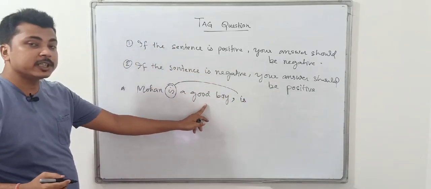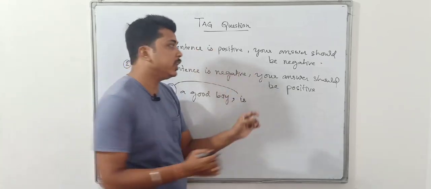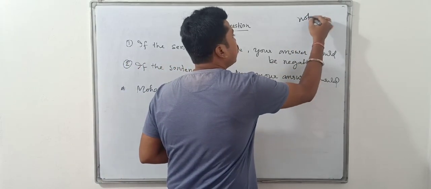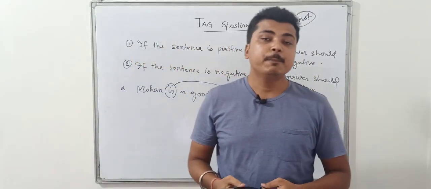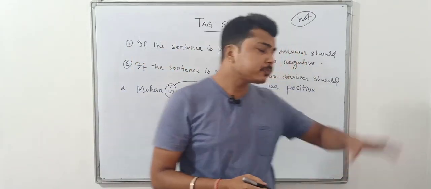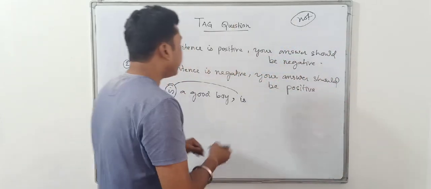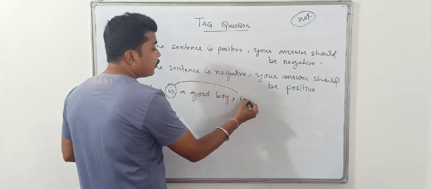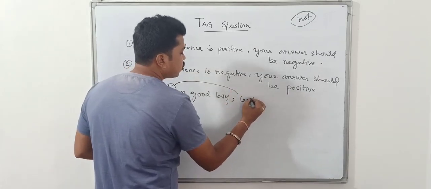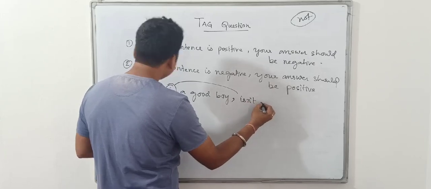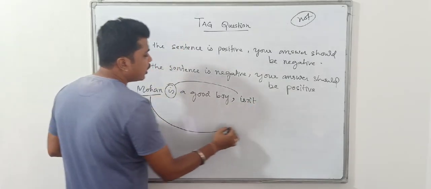If the sentence is positive, your answer should be negative. Negative means you have to add not. If we add not in the sentence, it becomes negative. But dear student, remember one thing, you are going to use the short form of not, okay. So what will be the short form of is not? Isn't, okay. Mohan is, what will be the pronoun of Mohan?